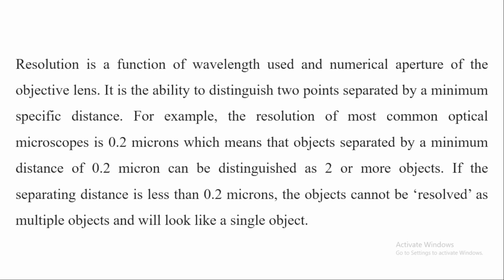If those two objects have a distance of less than 0.2 microns, they will appear as one object under the lens. So that lens will not be able to distinguish between those two objects. That is the definition of resolution: the minimum distance that a lens can distinguish.